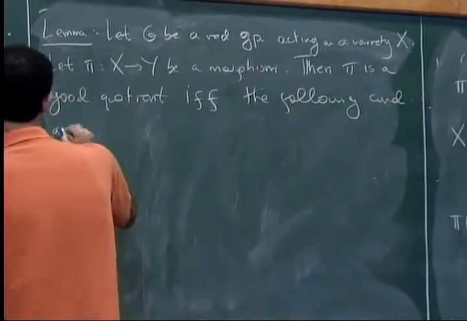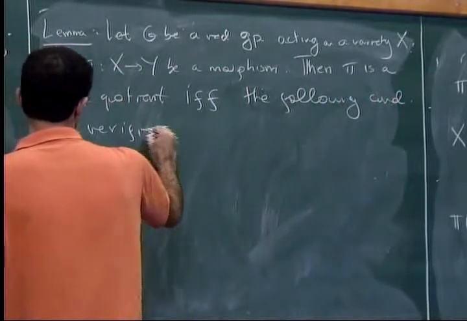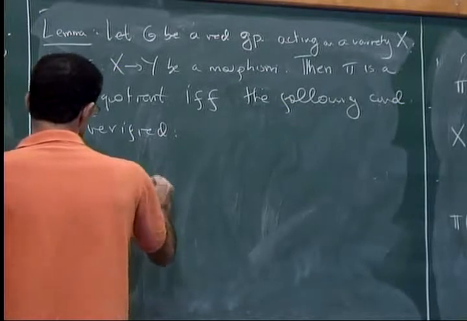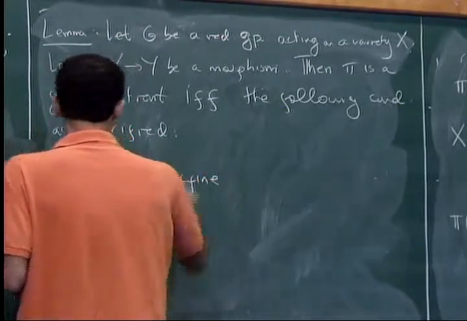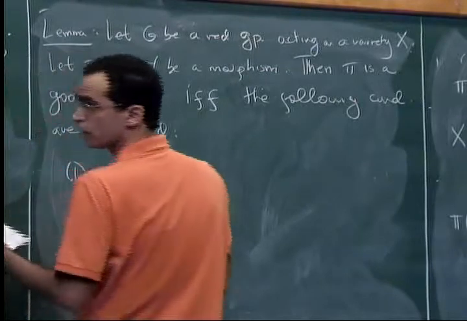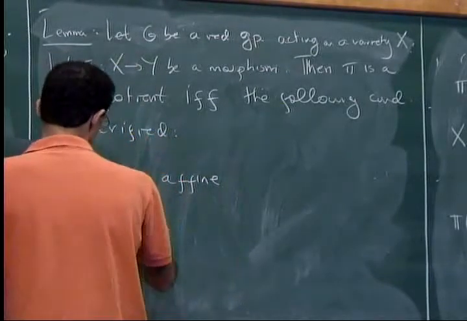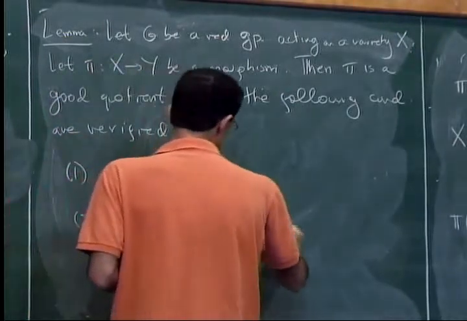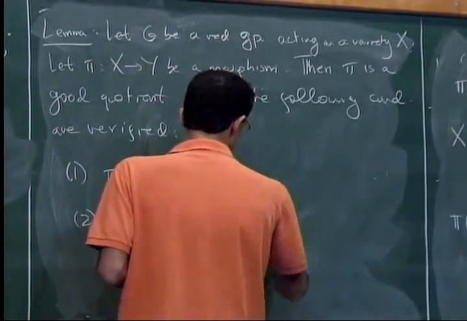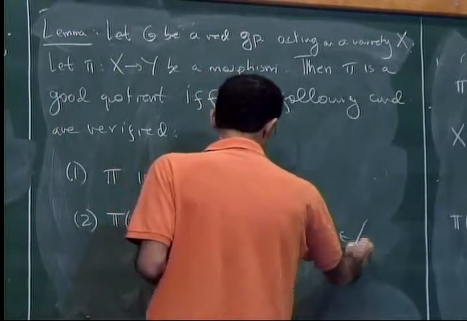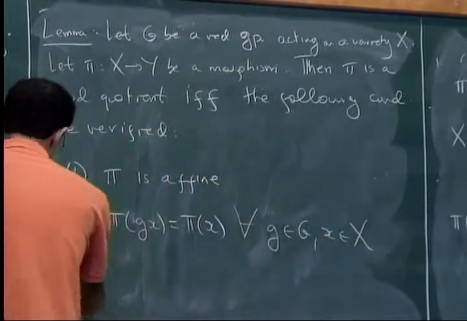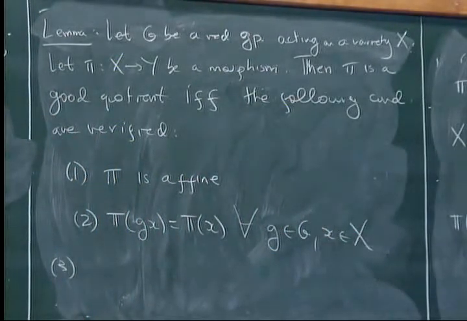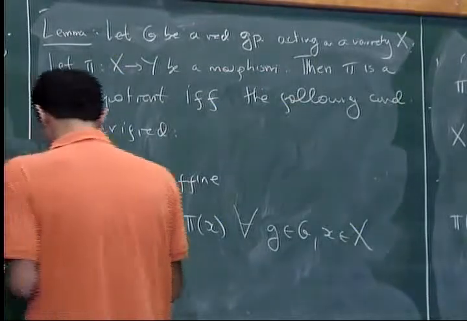First, pi is affine. Second, part of 1 there, pi sends orbits to points. And third, condition 5, but as I mentioned there, it's just for a basis.